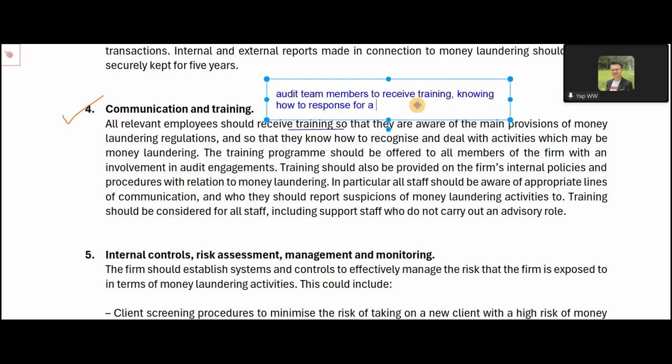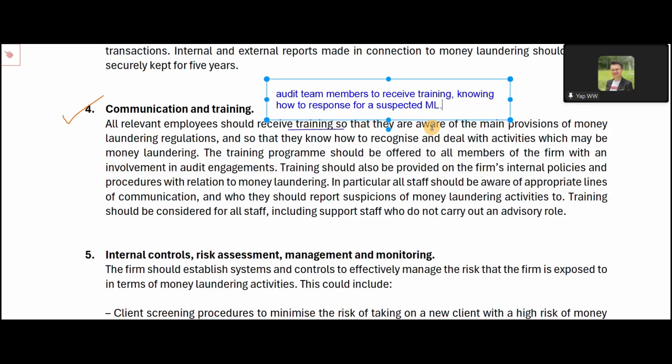Knowing how to respond for suspected money laundering. If they don't know how to respond, they go and inform the client, then that will be an issue. Okay. That helps to avoid tipping off offense as well.